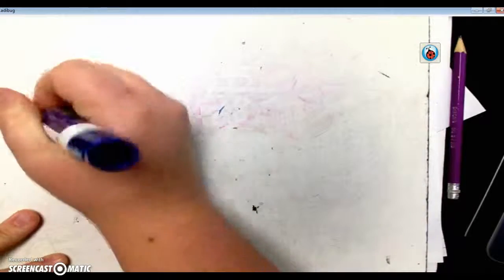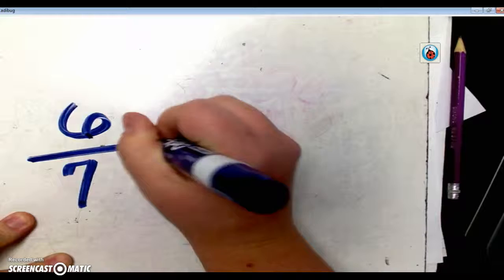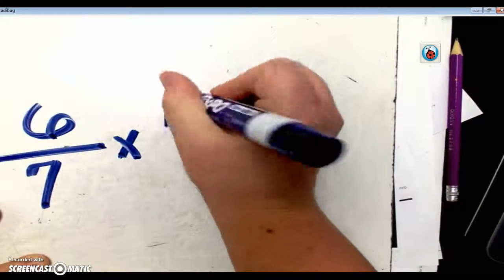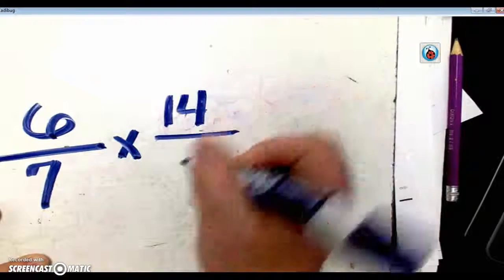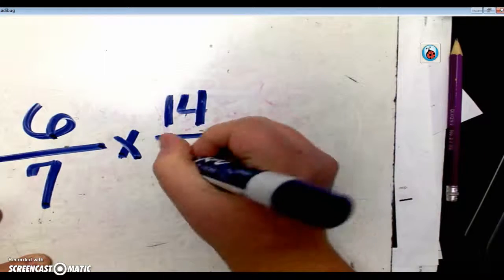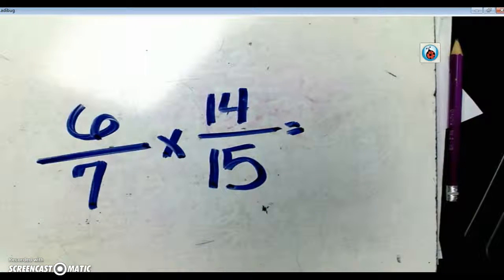Okay, so if I have 6 over 7 times, okay, let's look at these two numbers. I chose some larger fractions this time because I also taught you a strategy of simplifying before we multiply.